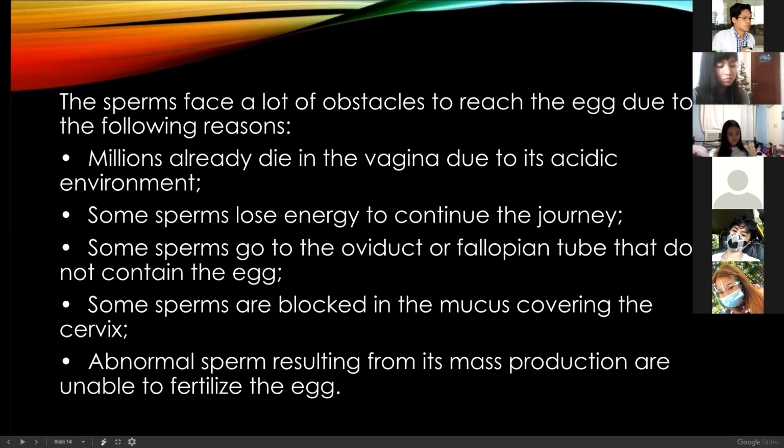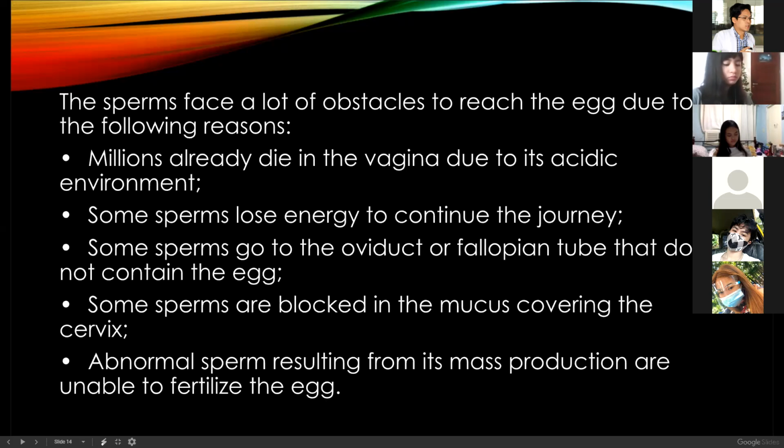Remember your mucosa lining? Mucus? Mucus is your sipon. That is what covers your oviduct or your cervix, the mucosa lining. This is to protect the cervix. Abnormal sperm resulting from its mass production are unable to fertilize the egg.